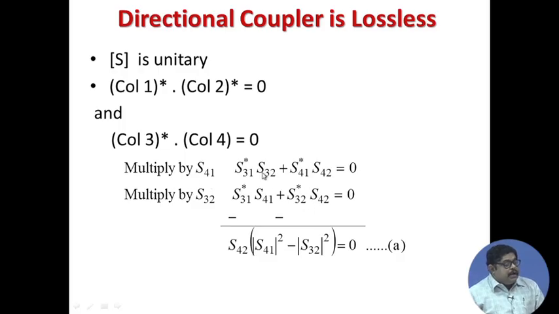Now, if I want to simplify these equations, and eliminate the first two terms, I need to multiply the first equation by S41 and the second equation by S32, and then subtract.